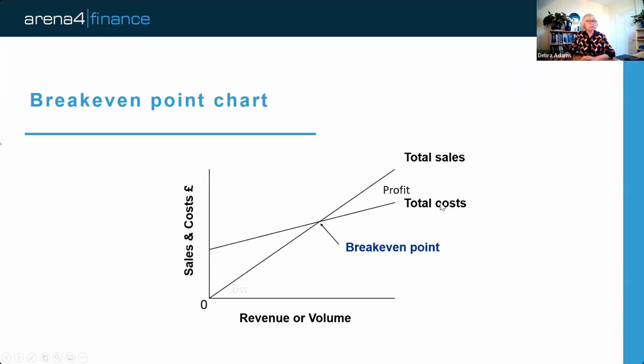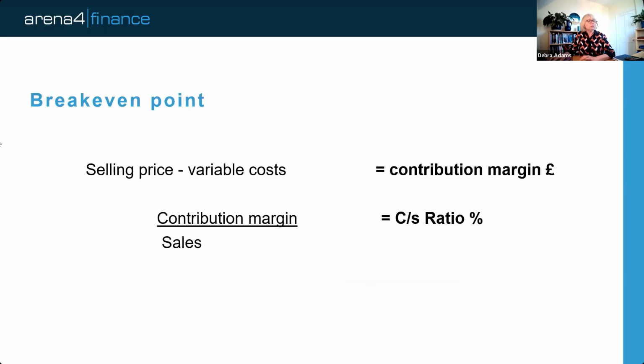So I'm just going to move back forward again. So we said then with our break-even point, the CS ratio is actually a more practical measure. So looking at the contribution margin divided by the sales as a percentage.